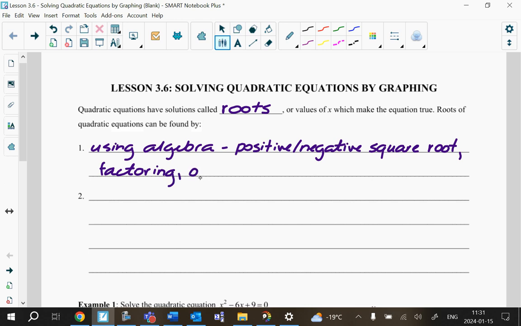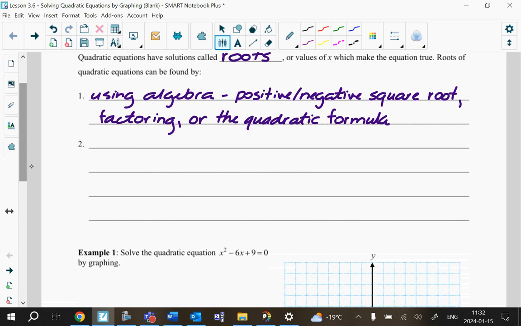Or if we couldn't factor it, we used the quadratic formula. There is another way that you can solve equations, not just quadratic, but any equation, is using graphing.